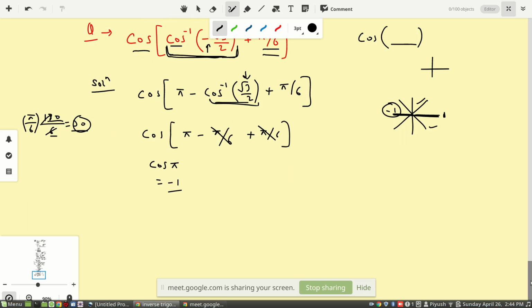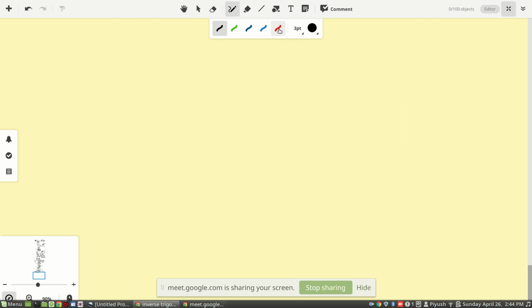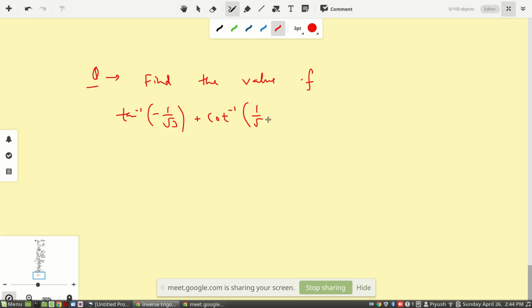Just one more question on this, and I hope this time you will be able to do it. The question is, find the value of tan inverse of minus 1 by root 3 plus cot inverse of 1 by root 3 plus tan inverse of sine of minus pi by 2.